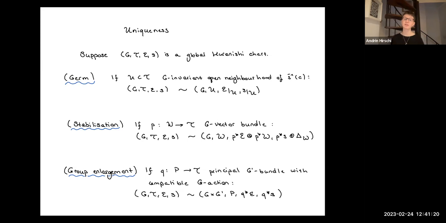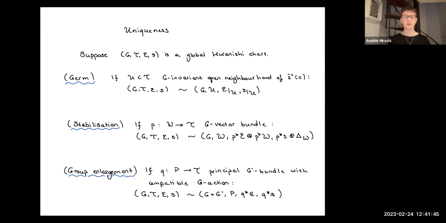So the obstruction bundle will be the pullback of your original obstruction bundle summed with the pullback of W itself. And the obstruction section will be the pullback of the original obstruction section and the diagonal section of W. So all the information you add to the thickening, you take away again using an enlarged obstruction section.